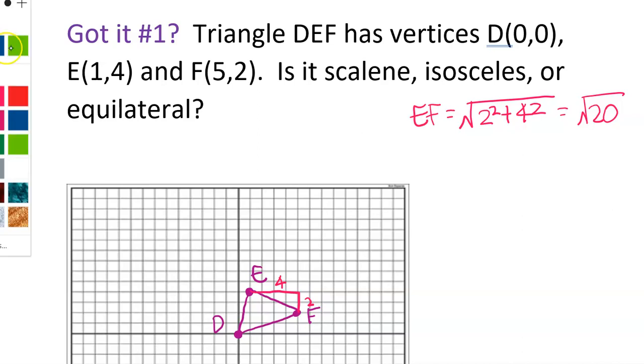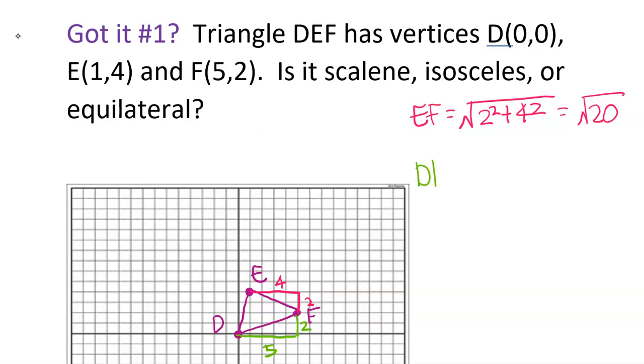Okay, then we're going to go to, let's go DF. 2 and 1, 2, 3, 4, 5. So DF is going to be the square root of 2 squared plus 5 squared, which would be 25 plus 4. That would be the square root of 29.